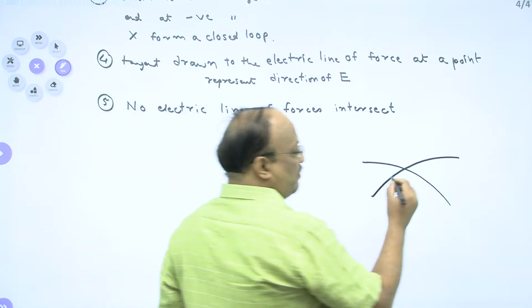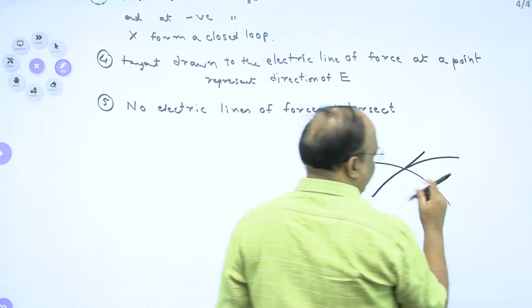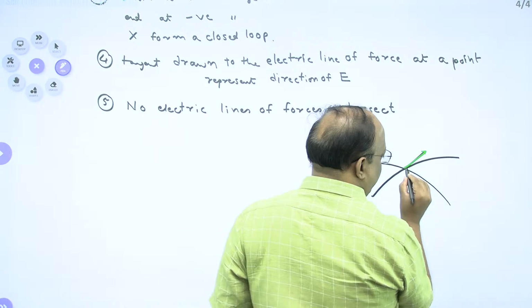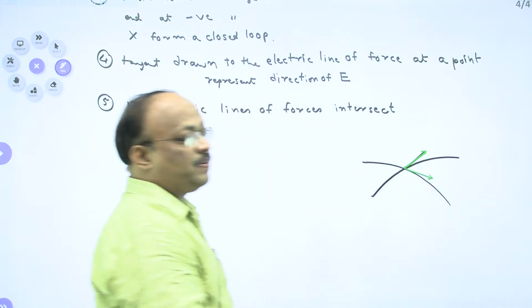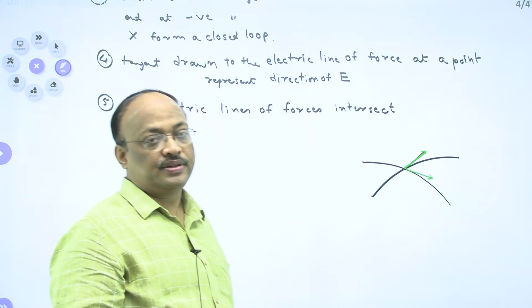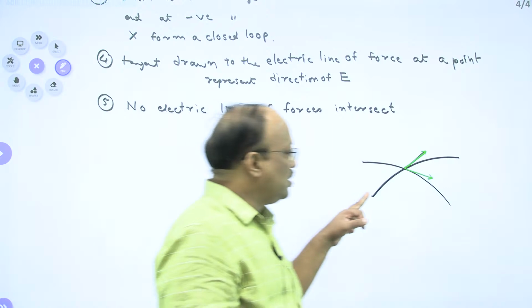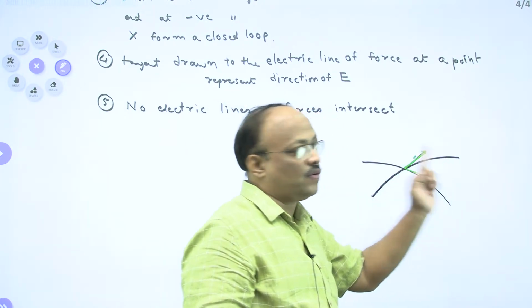Just now I mentioned a tangent drawn to the electric line of force represents the direction of the electric field. So we are drawing a tangent to this electric line of force.